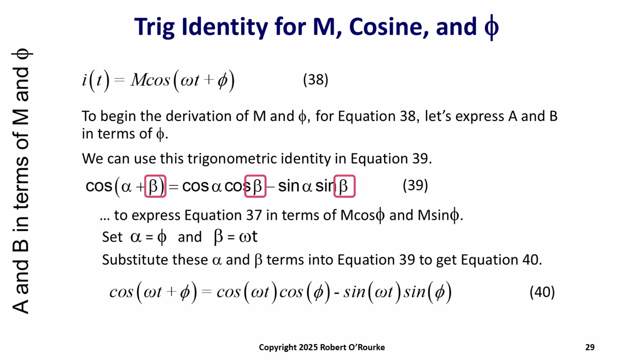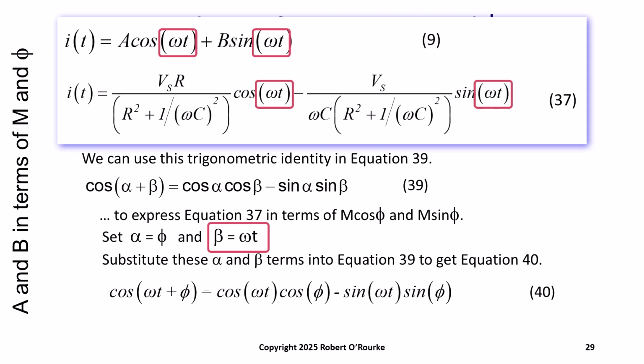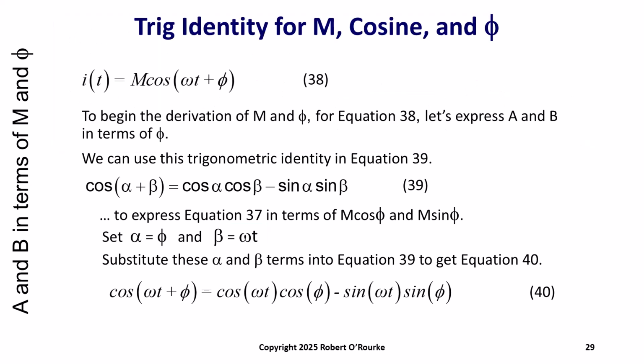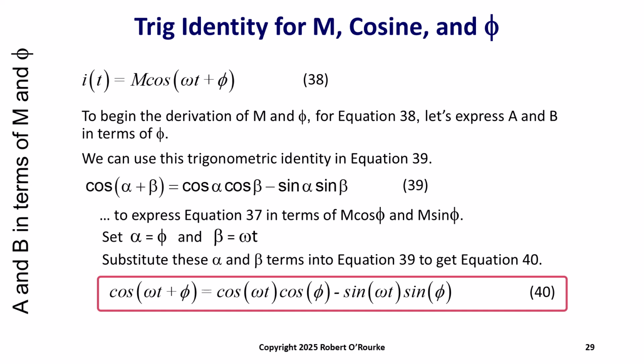Set beta in equation 39 equal to omega t from equations 9 and 37. Substitute these new terms for alpha and beta into equation 39 to obtain equation 40.